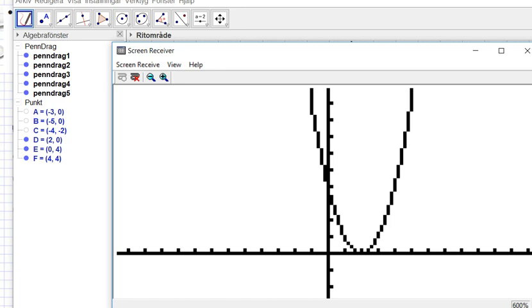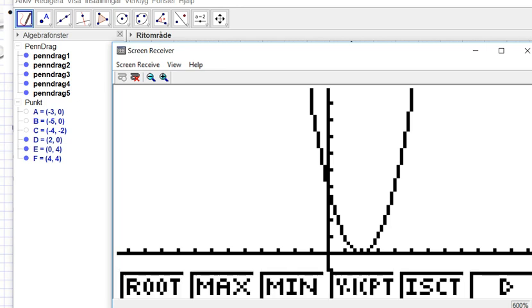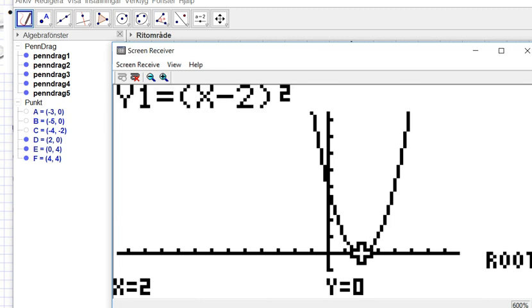If you have that, then you can push G-Solve or F5. Then you will have some alternatives here. For example, I want to find the root. Then I will push F1. Then I will get x is equal to 2.